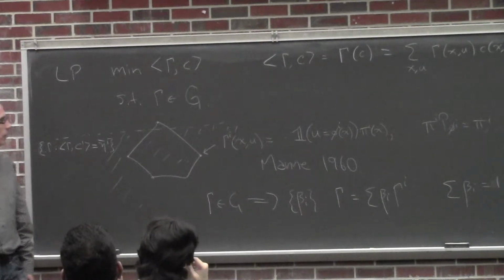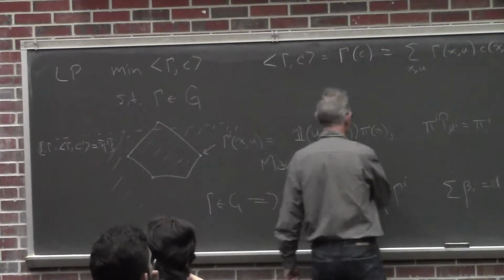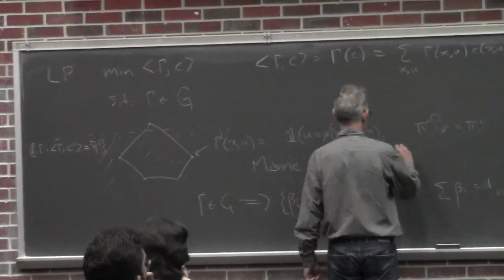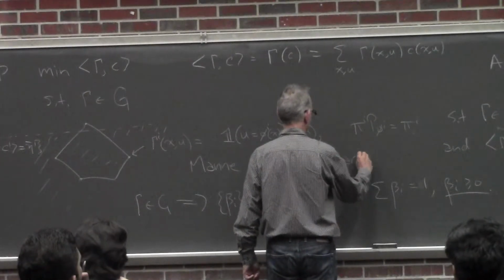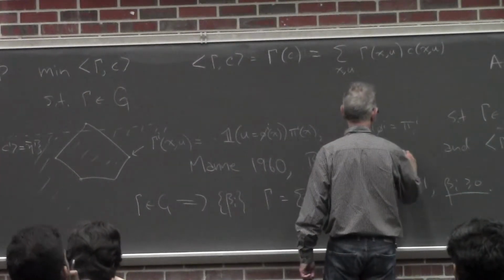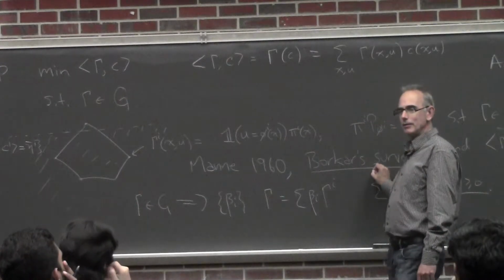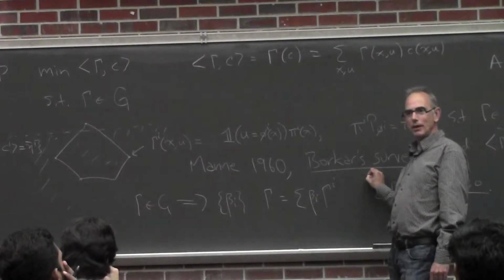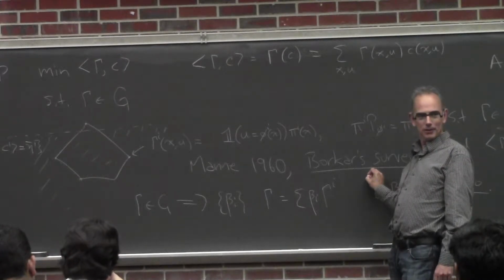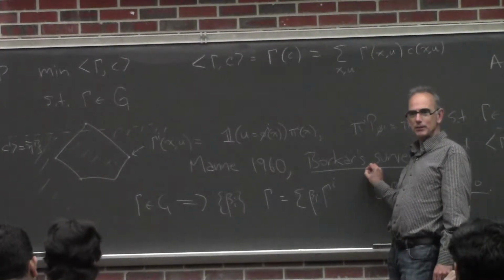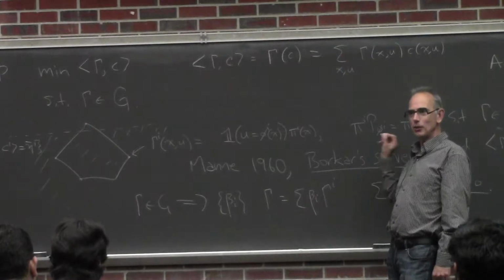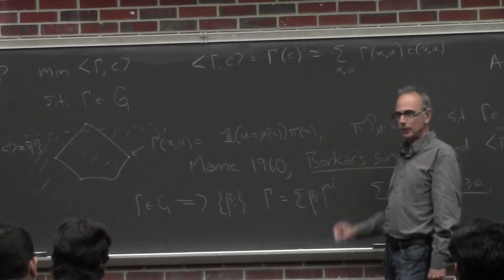If you look at Borkar's beautiful survey, and I should be giving you the notes for that. I've given you a reference to my book chapter, and that section is based on a survey with Borkar. It's made very clear over and over again in that section. So you already have that.